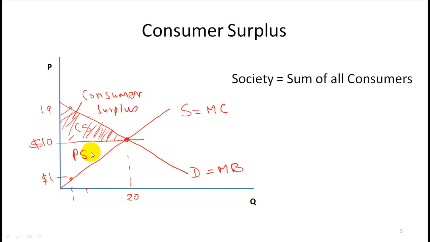Now let's also understand consumer surplus with a very simple example that you should easily relate to. Let's say that we are talking about the demand for soft drinks. So this is quantity, this is price. Let's say that the market price for soft drinks is $1. And we are talking about the quantity of soft drinks you consume per week.